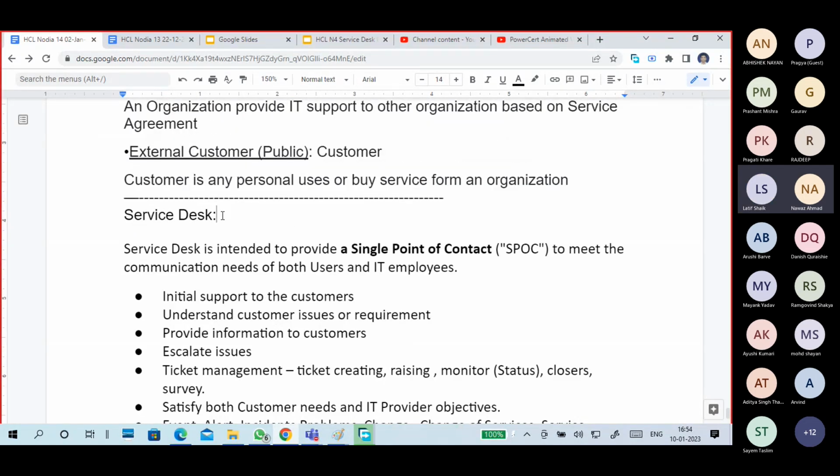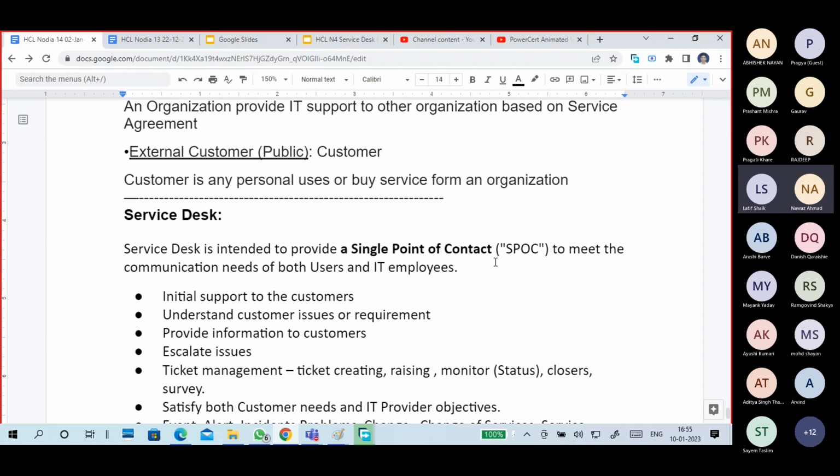So here it is, what is a service desk? A service desk is intended to provide a single point of contact. Remember guys, for a service desk, it is a single point of contact. It is intended to provide a single point of contact to meet the communication needs of both users and IT employees.